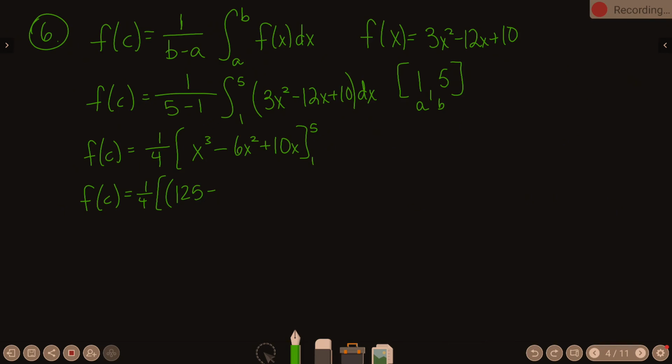So 6 times 25, 150. Plus 50. Minus, now I'm going to put in 1. 1 minus 6 plus 10. In all honesty, the math by itself isn't too bad here, because this piece is 25.